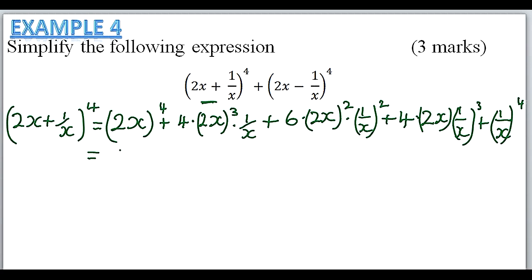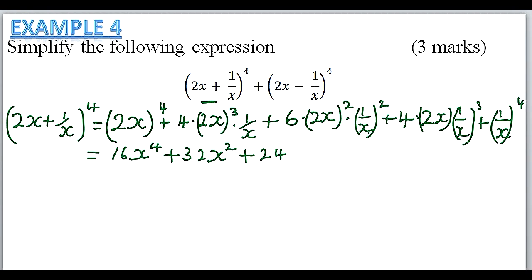So when you expand that, you'll be able to get 2 to power 4 is 16. So we have 16x to power 4 plus 2 cubed is 8. 8 times 4 is 32. So in the denominator we have 1x. In the numerator we have x cubed. So we will be left with 32x squared, plus 2 squared is 4. 4 times 6 is 24. So here we have 1 over x squared.